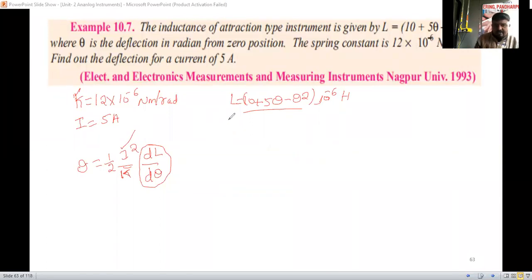So differentiating L with respect to theta, dL by d theta equal to, what is the answer? Anyone, can you tell me? Differentiation of 10 with respect to theta, what is the answer? Differentiation of 1 with respect to x, what is the answer?